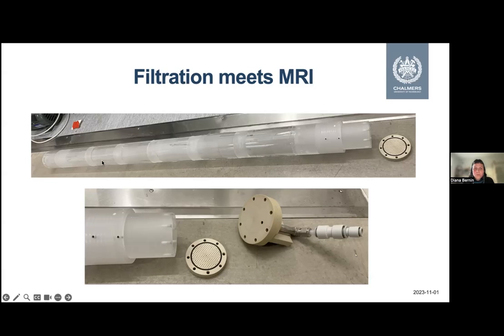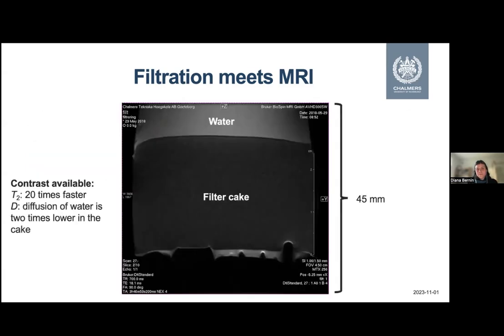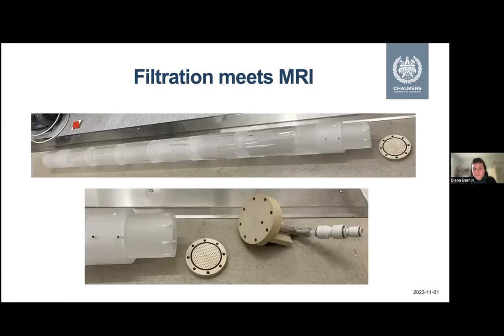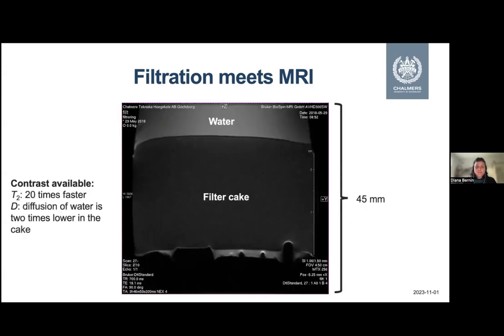It has a top where we can put pressure on it, and then at the bottom, where we actually measure, we can add filter paper or membranes or different things. We put this into the MRI. It takes some effort to get this done, so it's good you don't do this every day, but it's possible.